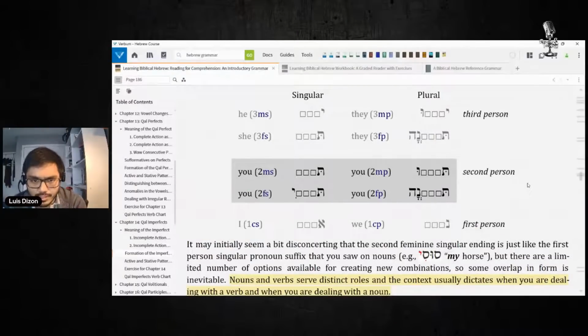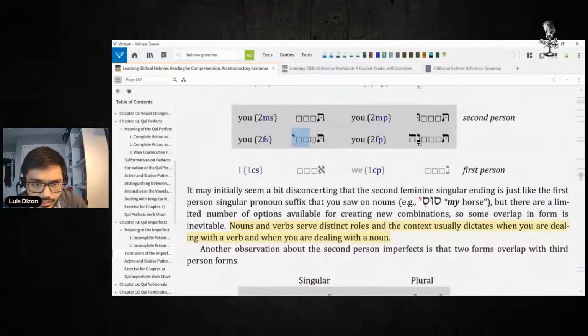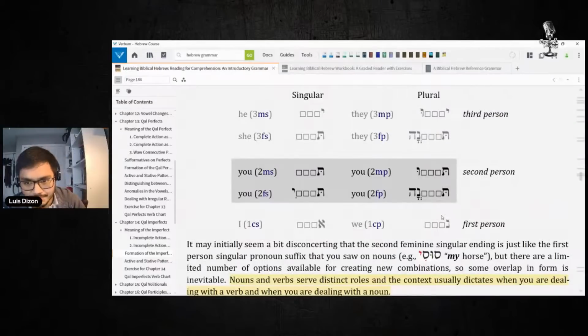One note that I should mention, because the textbook does, is the hirek yod for this is similar to the hirek yod that occurs in first person singular pronoun suffixes. So you have the example susi, my horse. Sus, of course, means horse. The hirek yod here indicates that it is mine. If I say beiti, beit, of course, being house, beiti is my house.